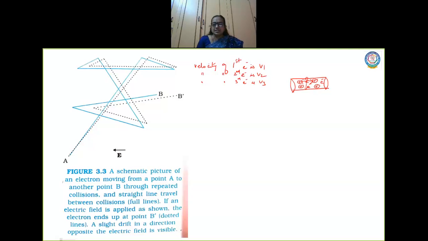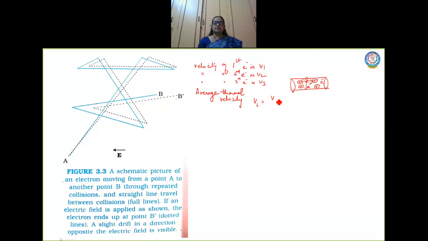Now this velocity is due to the collisions, which are called thermal collisions. When they hit the positive ions, you call those collisions thermal collisions. So this velocity is due to the collision with the positive ion. So the average thermal velocity can be written as Vi equals, how will you find the average?